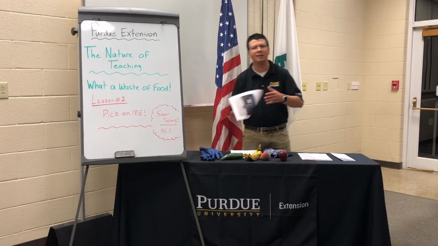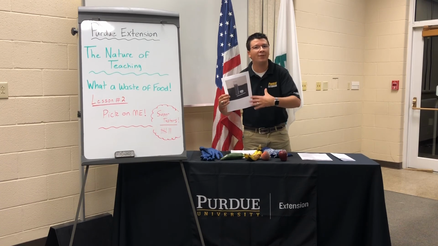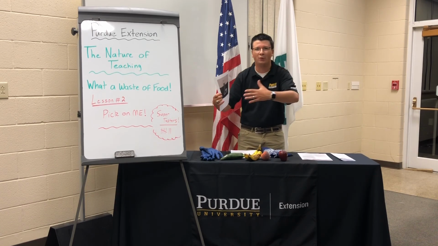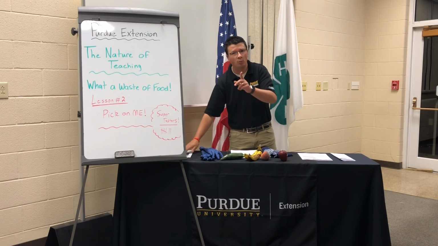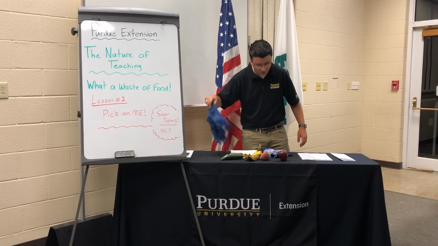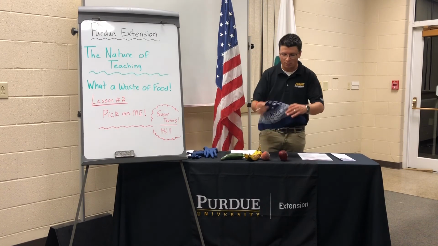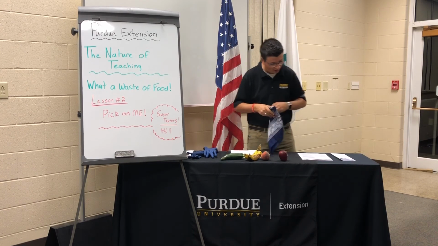One interesting thing in this lesson is the use of a PTC paper. I actually didn't have any around the office today when I'm preparing for filming this lesson, but this is what it looks like. You can order it online. We'll talk more about the PTC paper in a minute. One pair of latex-free gloves, and one blindfold, which should be pretty easy to find. You can use a nice bandana. The blindfold works really well for the activity.